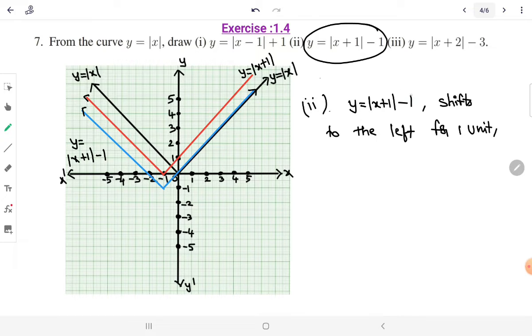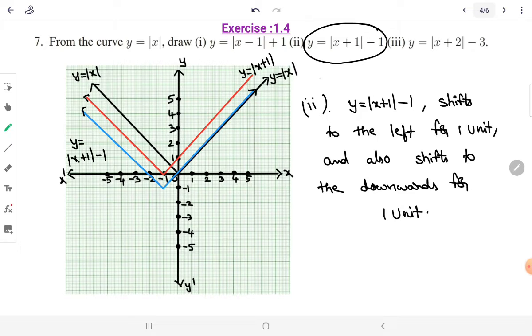Then you have to say about this minus 1, and also shifts downwards for 1 unit. So the blue color graph is the final answer here.